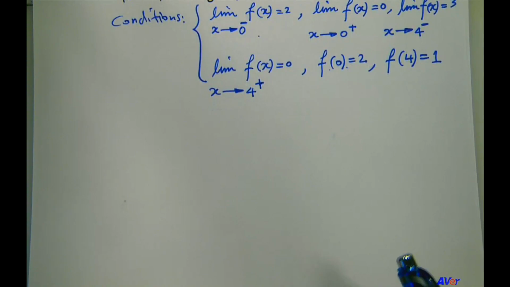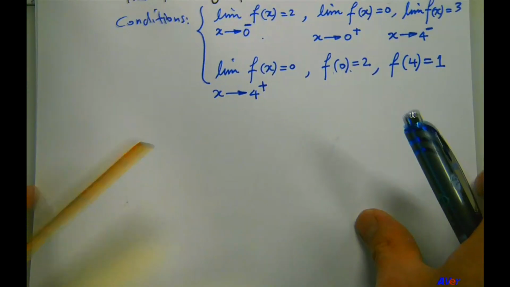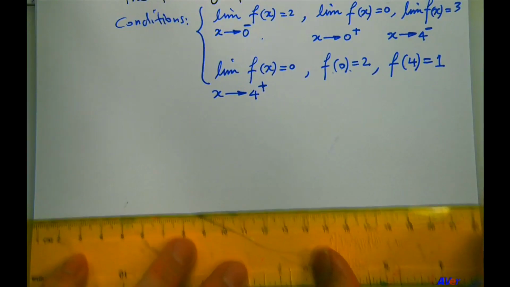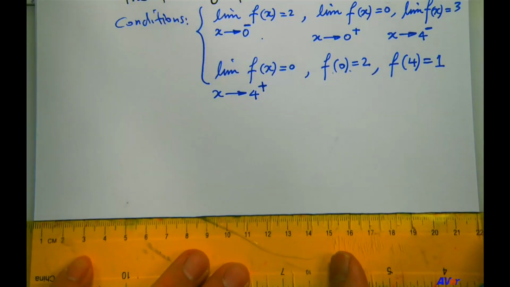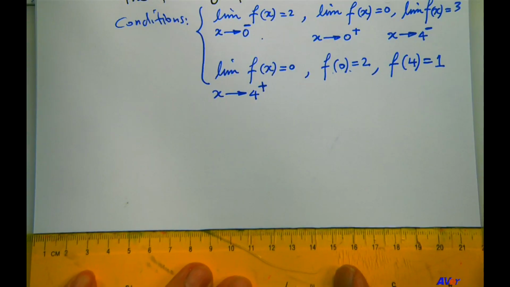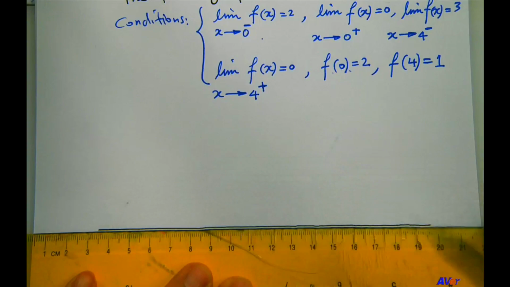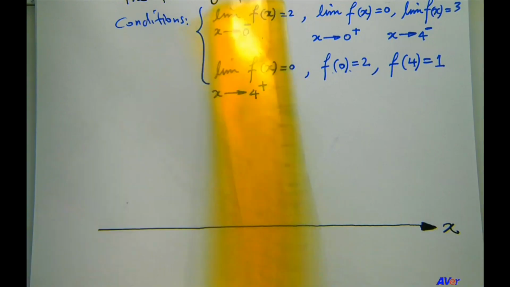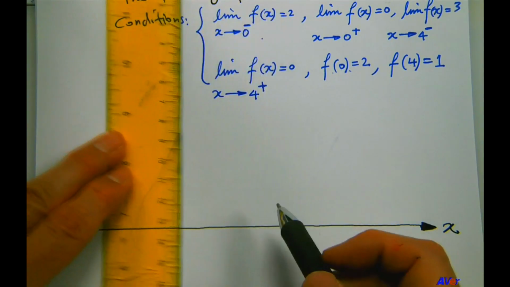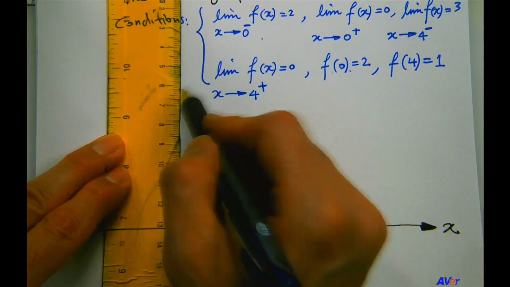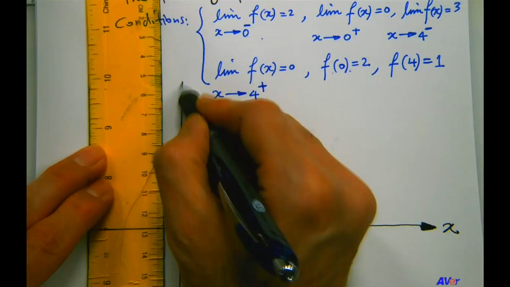I'm going to draw the axes first. I guess that would be okay if I did it here, like that. This is x, and then for the y, like that.